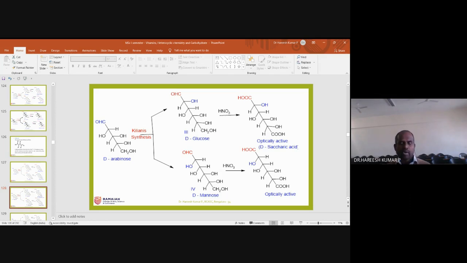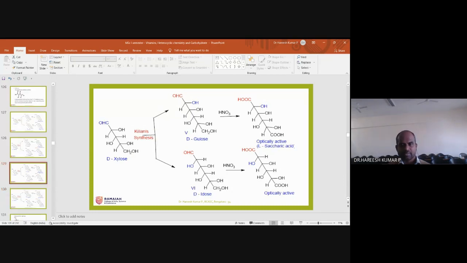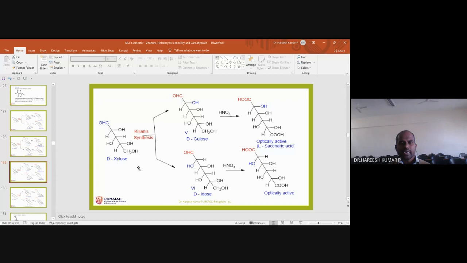In the next step, I am taking one more pentose and converting it into hexoses by employing Kiliani-Fischer synthesis. So look here, I am taking D-xylose. This D-xylose is subjected to Kiliani-Fischer synthesis. The CHO group is converted into OH and a new aldehyde group is introduced.